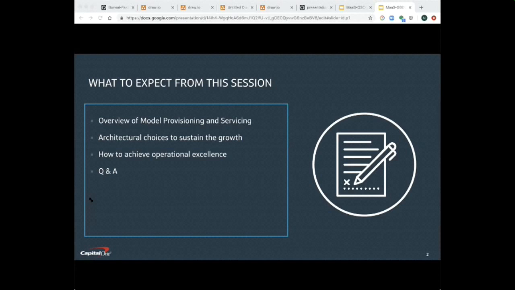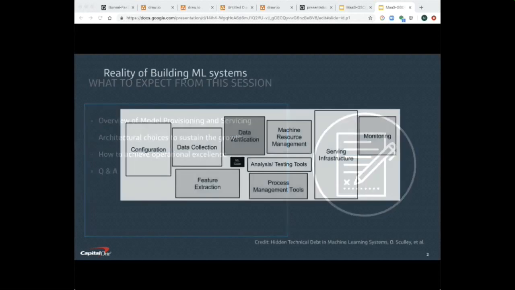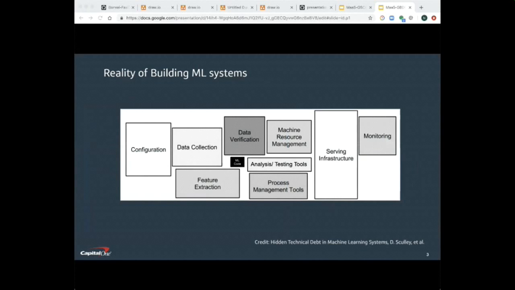Then some of the architectural choices to make and consider to sustain the growth that you anticipate in your enterprise. And lastly, how to achieve operational excellence while doing all this, serving models for your business and solving business problems.